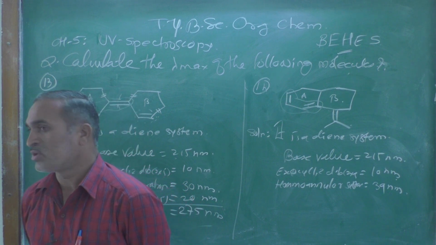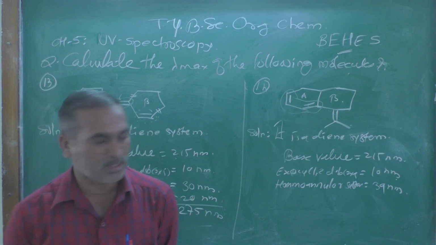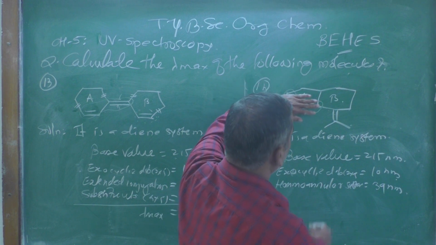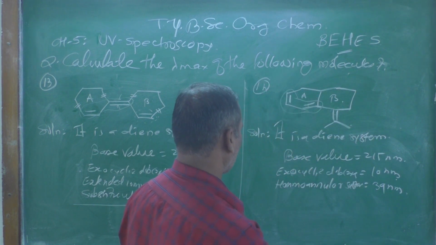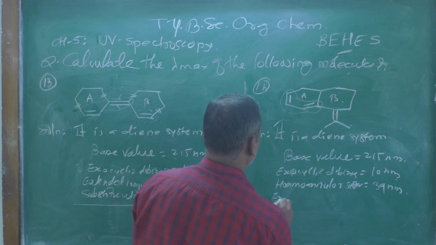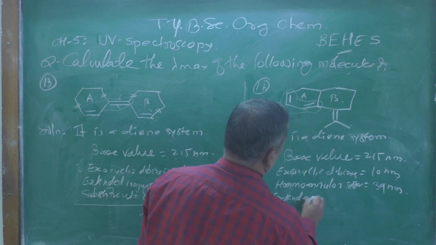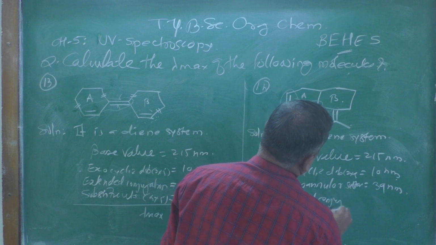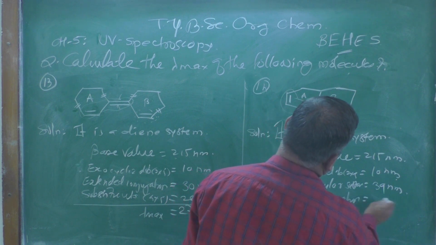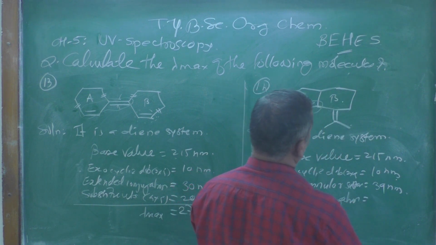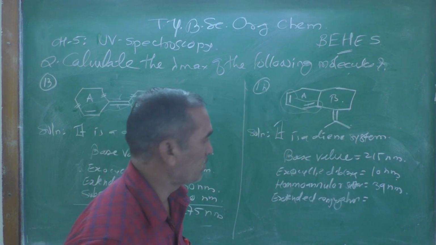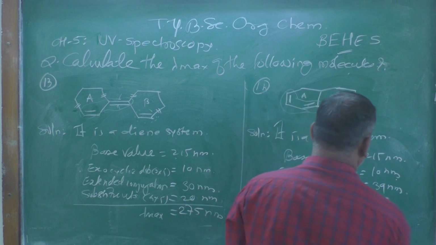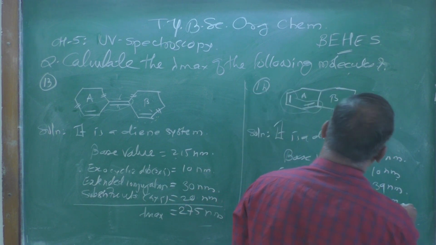Does this molecule contain an extra double bond? Yes, this is a diene system and there is an extra double bond present over there, and therefore here you can write extended conjugation. And if extended conjugation is there, you should add 30 nanometer.